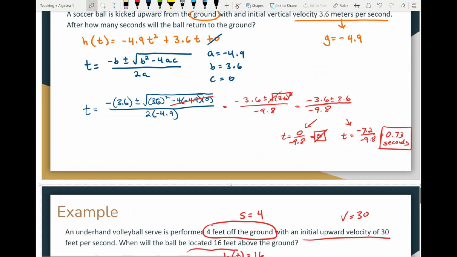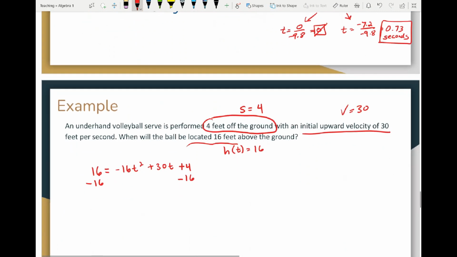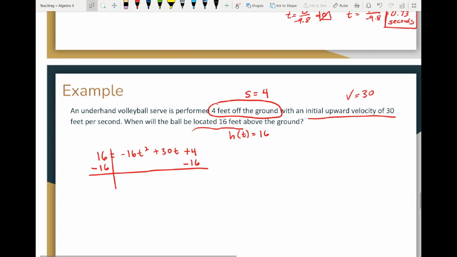In theory, what we did is after we have this function, we want to know when the height is 0, when it's back on the ground. So I have to remake this 0. I'm just going to subtract 16 from both sides. And we have 0 equals negative 16 t squared plus 30t, and now that constant is going to be negative 12.